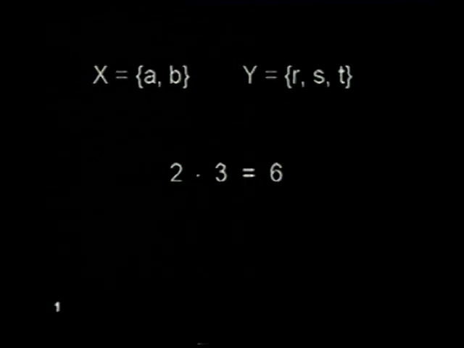This is the number of distinct ordered pairs that can be produced from set X and set Y. Therefore, to determine the number of possible ordered pairs that can be derived from 2 sets, we simply count the number of elements in each set and then multiply the 2 numbers together.